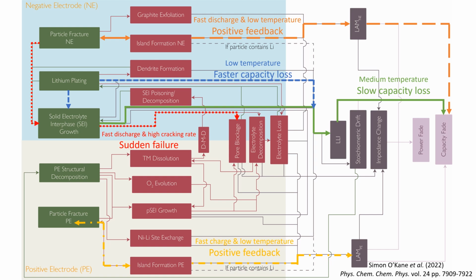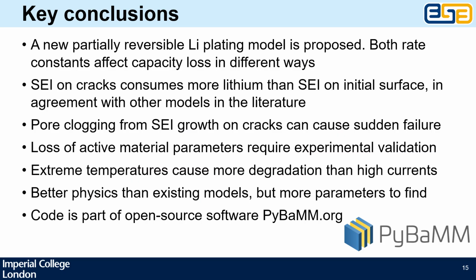At high current and low temperature, you get that mechanical damage to the electrodes that I talked about. Fast discharge damages the negative electrode, fast charge damages the positive electrode. Worst of all is when you have fast discharge and a high cracking rate, which causes that runaway SEI growth, clogging the pores and leading to that cliff edge failure.